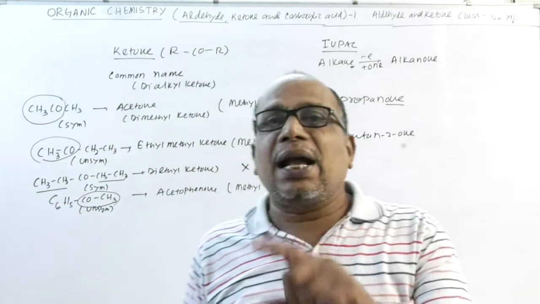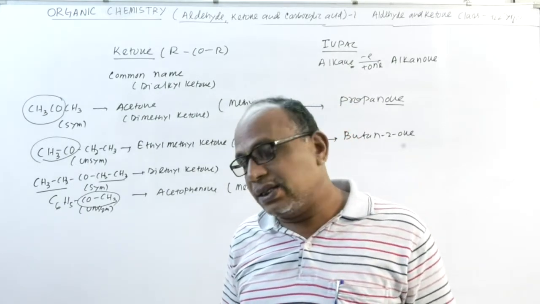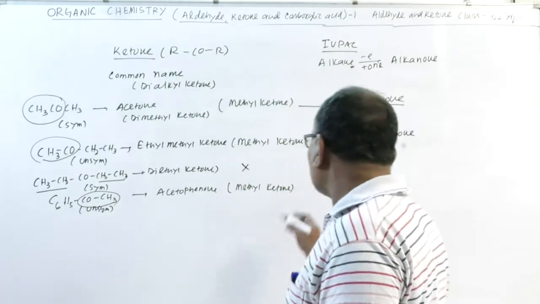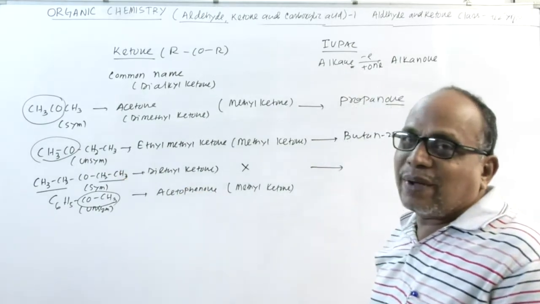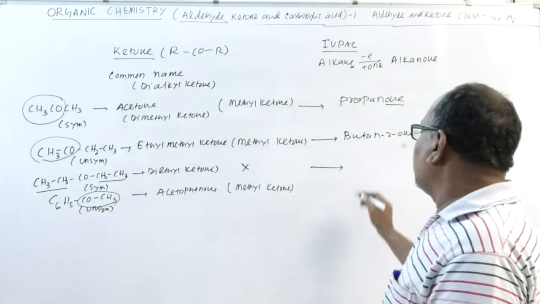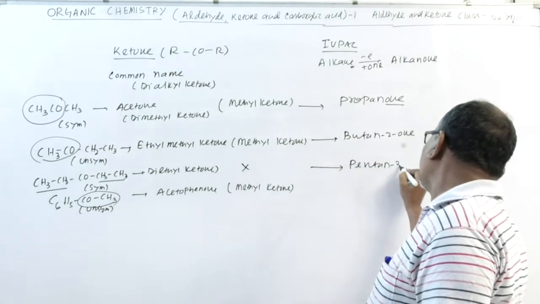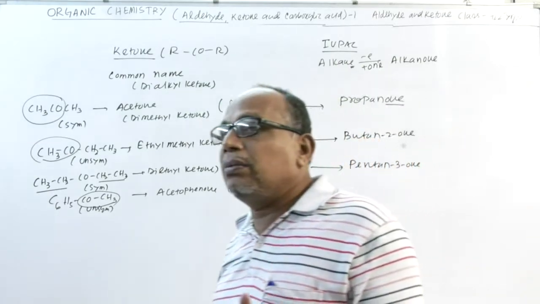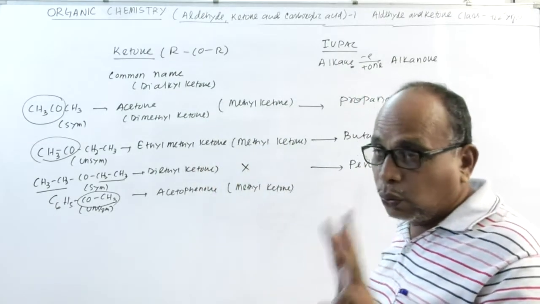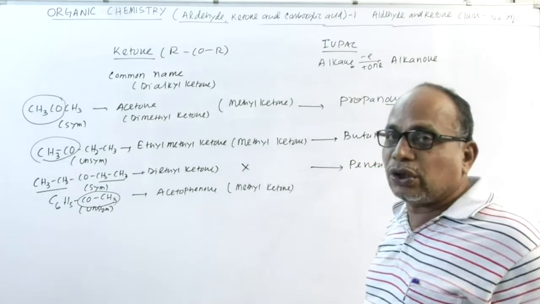Because the second carbon atom possesses the keto group, that is called the oxo group. And how many carbon atoms are there in this one? 5 carbon atoms. This is called pentan-3-one. Pentane means 5 carbon atoms and the 3rd carbon atom contains the oxygen or keto group.